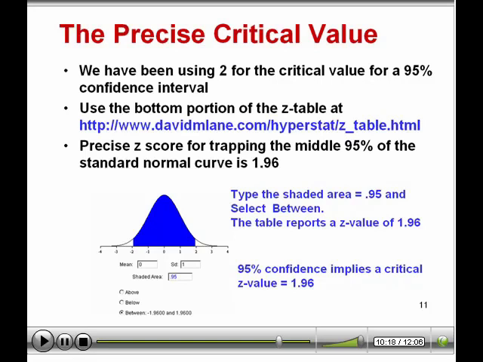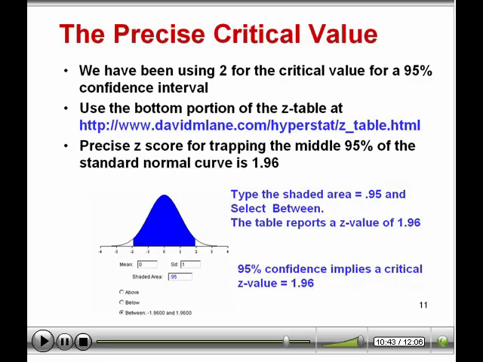Using our online Z-calculator, the one at the bottom of the screen, if we select the between option and specify that the shaded area in the middle is to be 0.95 for 95% confidence, the Z-scores that are returned are plus and minus 1.96.